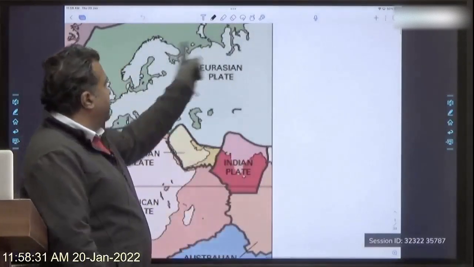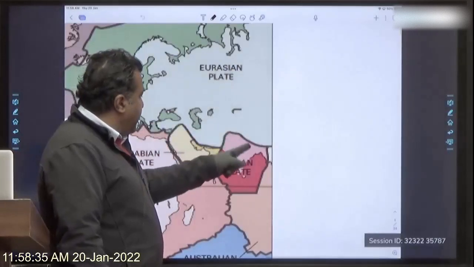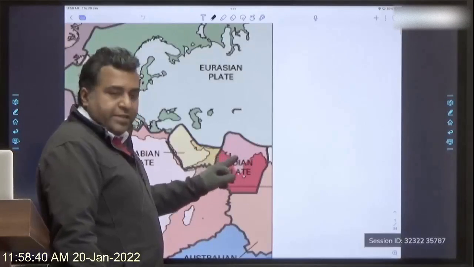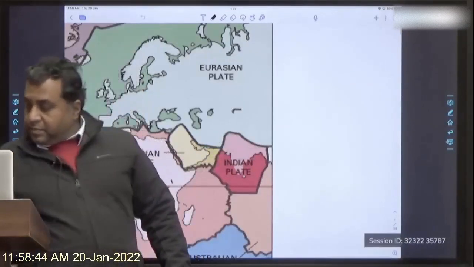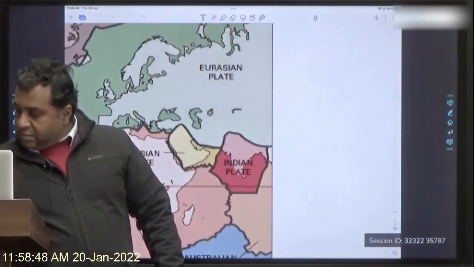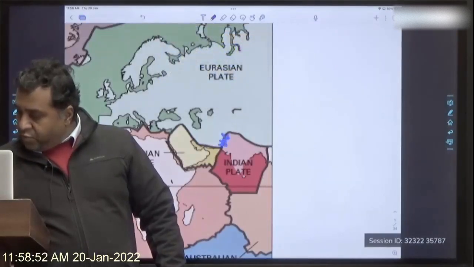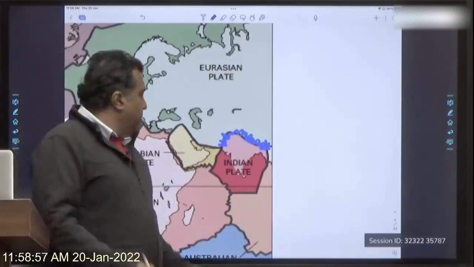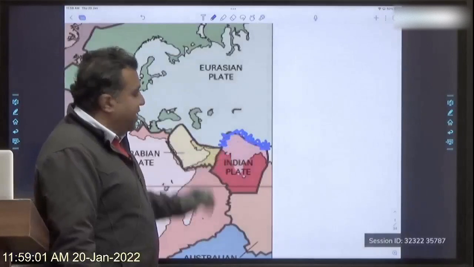This is Eurasian region, Europe and Asia, the continent. And this much, here you have Indo-Australian plate, right? So this Indian part, only this part. If I ask you that along this margin, let me first shade it. Along this blue colored margin, between Indian plate and Eurasian plate, what type of plates do we get?